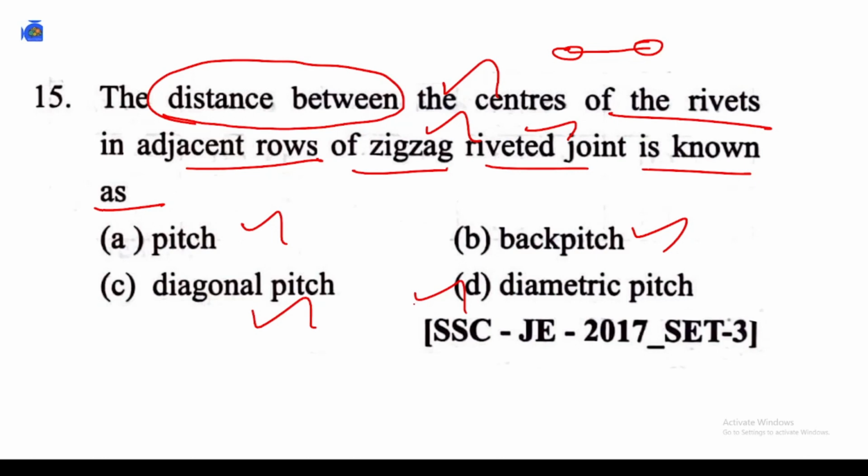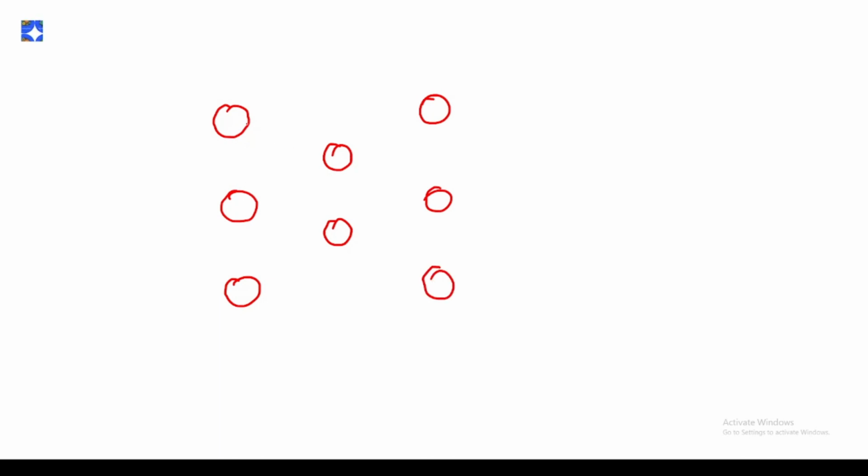I'll just put a diagram and then you can see. Basically, if you have rivets like this, of any shape, now it has been given as zigzag, any pattern. From this center to this center, let's take a comparison.